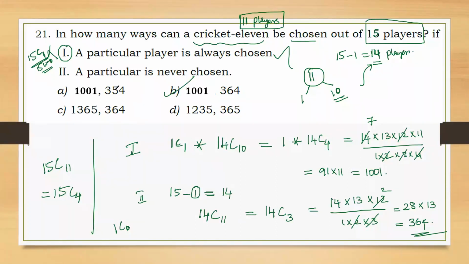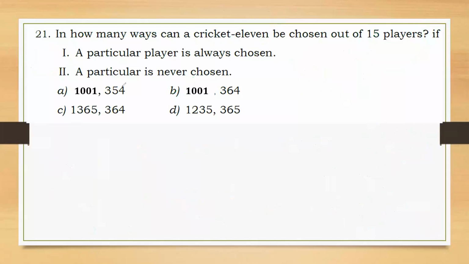Okay, I will explain the cases once again. Listen carefully. I'll explain both the cases. We need to select 11 players for cricket. Initially, we have 15. From 15, we need to select 11 players for the game.